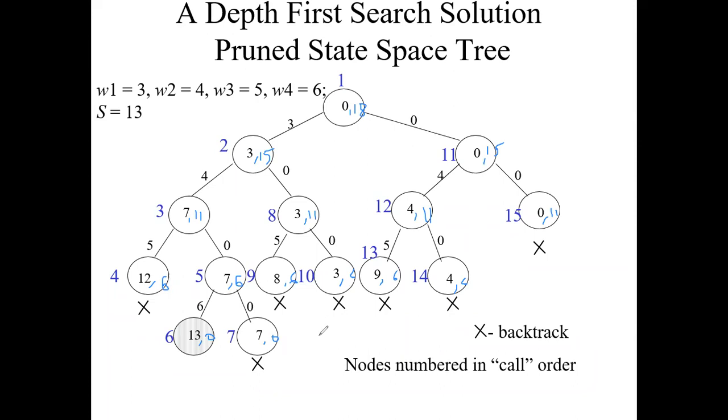I could have drawn the left child 9 कर सकते थे ना 9,0. इसका लेफ्ट चाइल्ड कर सकते थे कि नहीं 9,0 by including the fourth item.